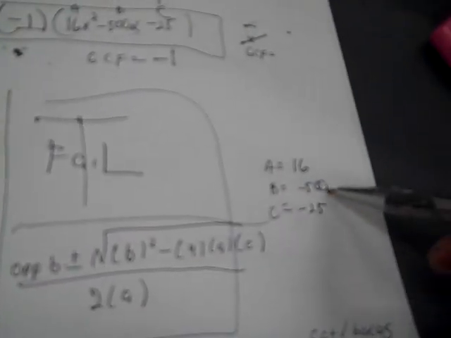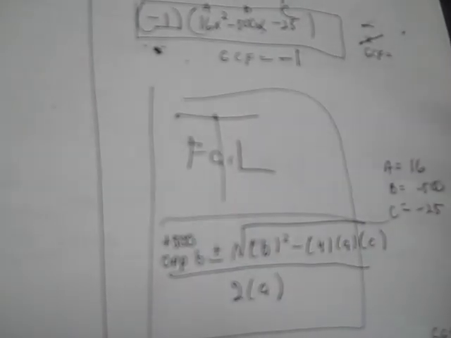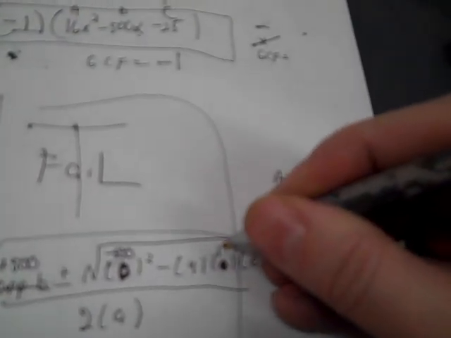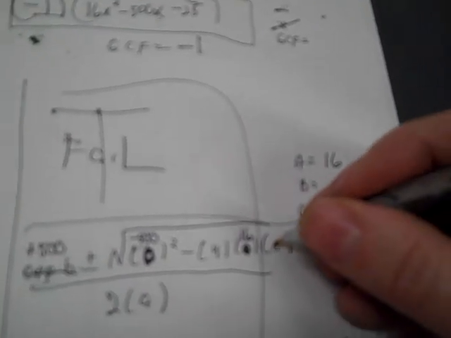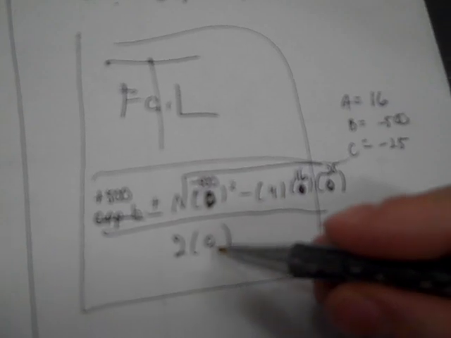Okay? So the opposite of b. Now b is negative 500, but I will be switching that to positive 500. And then b itself would just be the negative 500, and then 4, and then a is 16. Then c is negative 25. Then my a down at the bottom, 16.